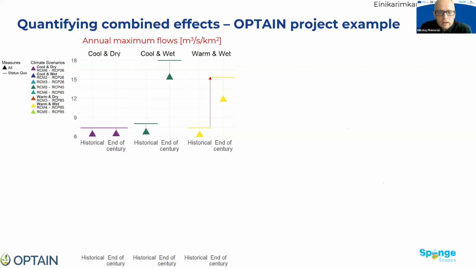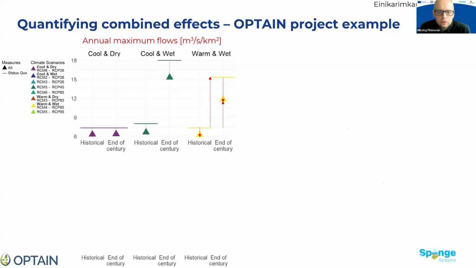The red arrow I displayed now shows the pure climate change effect on annual maximum flow. The second arrow illustrates the effect of measures in the current climate. The third arrow shows the effect of measures under future climates.